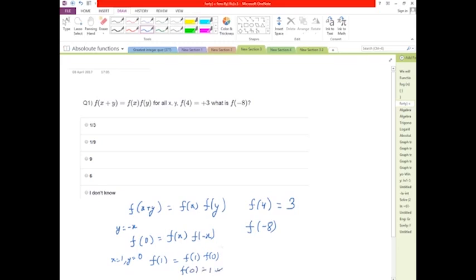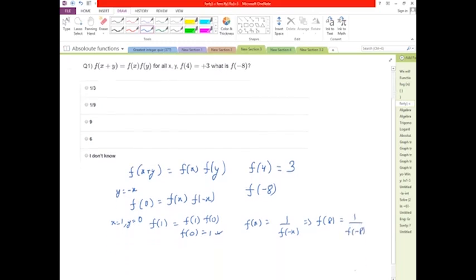So from this, you will get f(x) equal to 1 by f(-x). So we know that f(8) will be equal to 1 by f(-8).